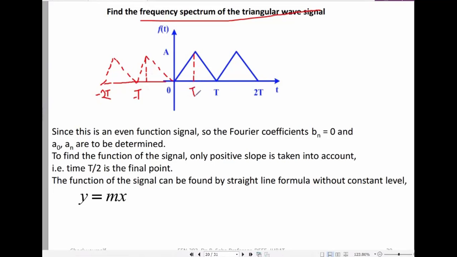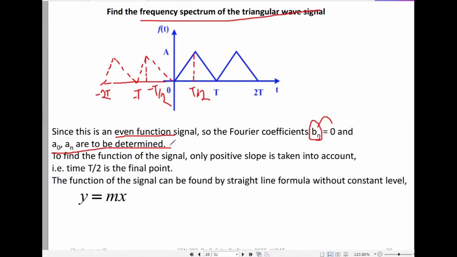So here is T by 2, there is minus T by 2. At T by 2 the amplitude is A, at minus T by 2 also A. So this is even function symmetry. So you need to find out only A n and A 0.